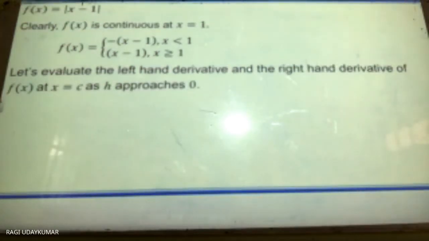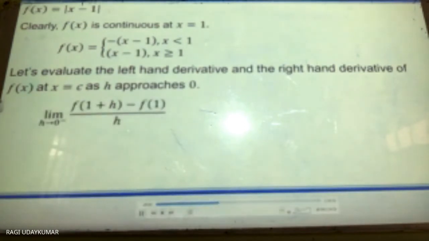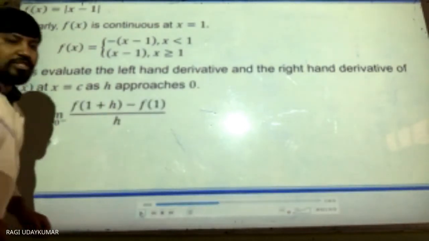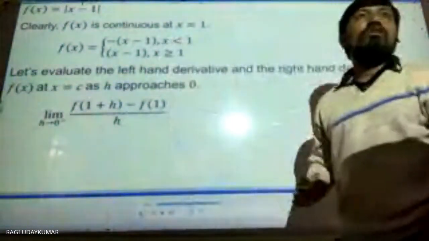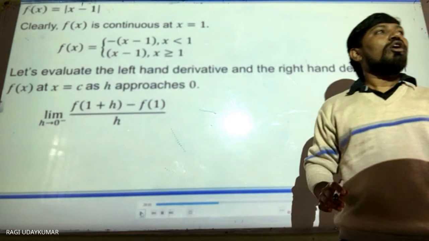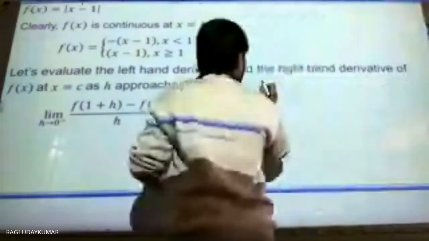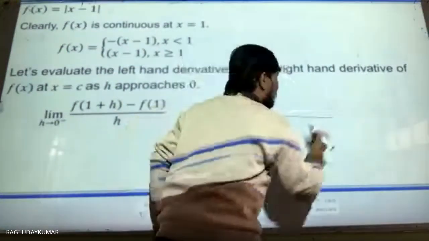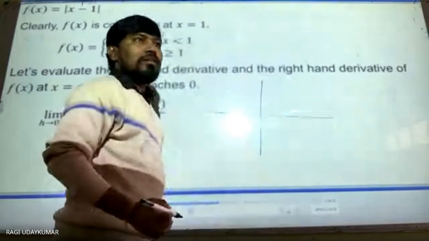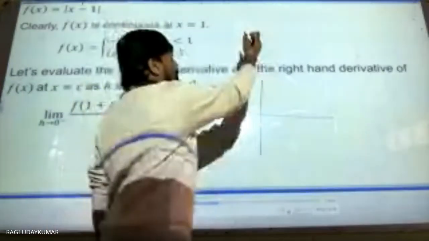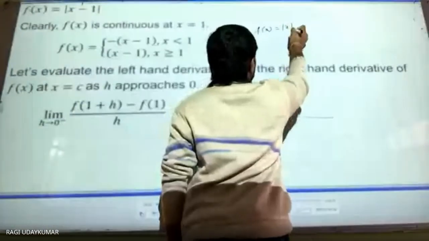Let us draw the graph of this function. First, suppose how the graph of mod x will be when you take the x-axis and y-axis into consideration. f of x is equal to mod x.